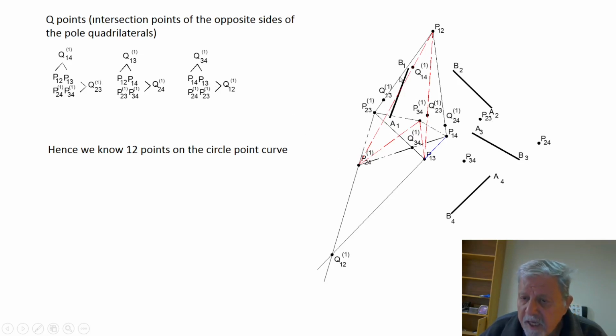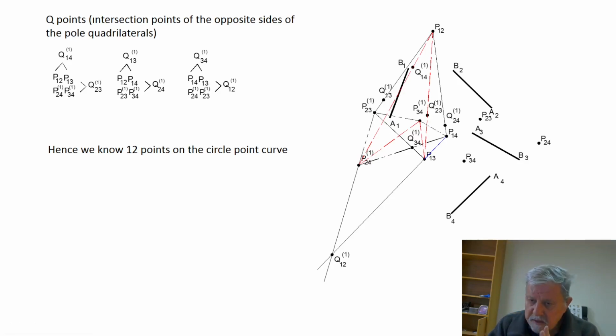Q141, all these 6 points will lie on that circle point curve. We have 12 points already determined on that curve.